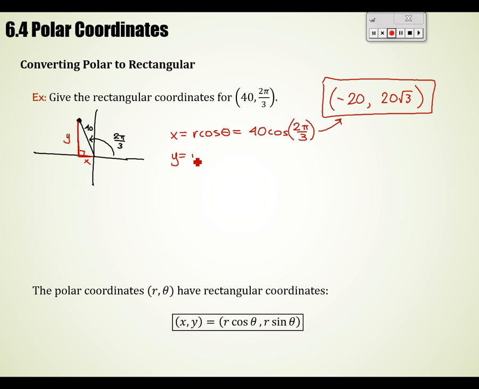And y, which is r sine theta, 40 times the sine of 2 pi over 3, which equals that. R cosine theta, comma, r sine theta. Going from polar to rectangular is not bad. It's just this. Works every time, you know. So that's cool.